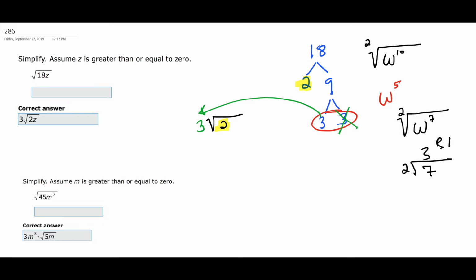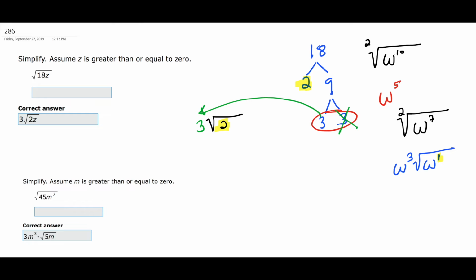So the remainder is 1. That remainder is what stays in the root. So this becomes w. How many times did 2 go into 7? 3. There's your 3, and there's your remainder of 1.